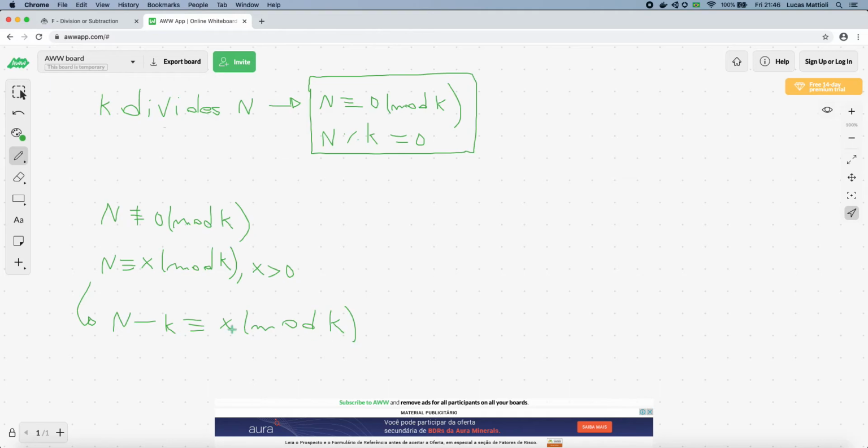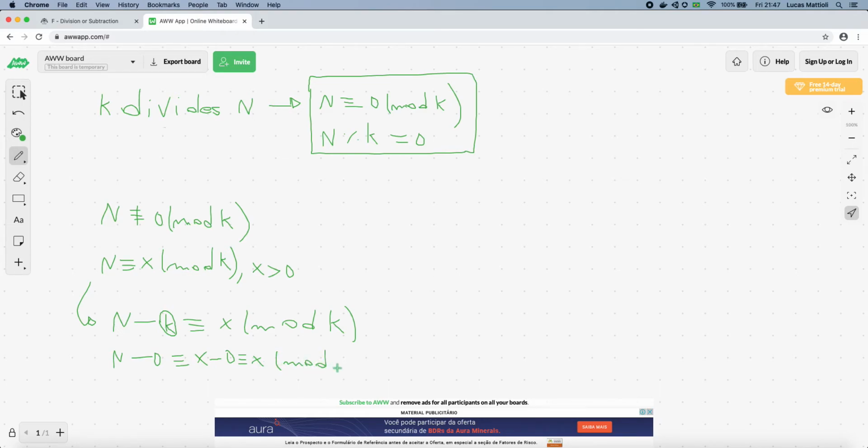Because when we are dealing with modular operations, it's certain that k is also a multiple of itself. So the value of k here is 0. So n minus 0, which is congruent to x, is equal to x minus 0, which is congruent to x mod k.